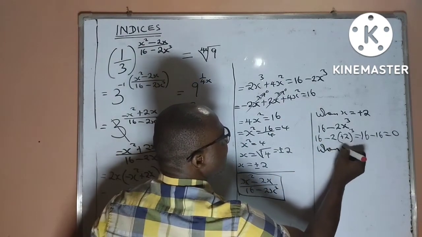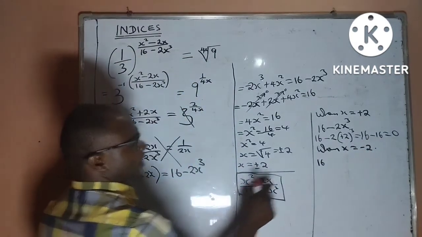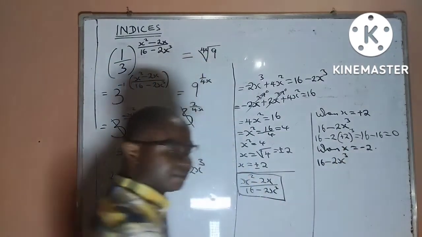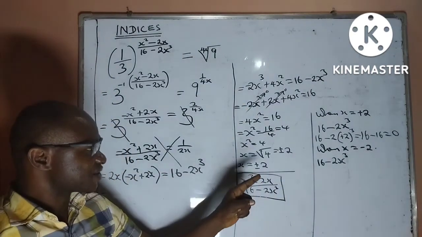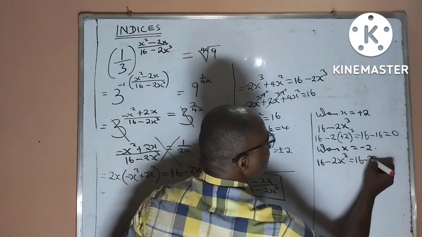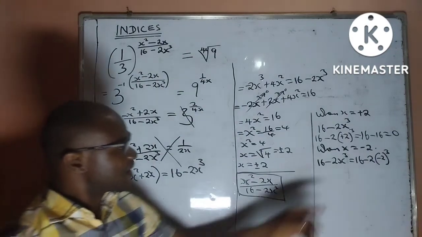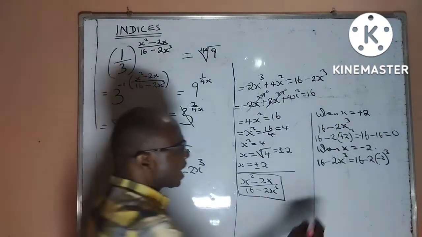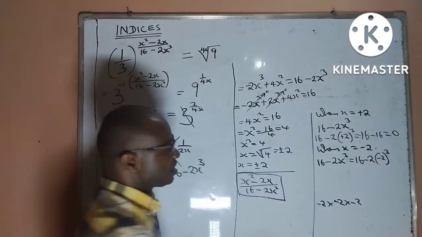When x is equal to negative 2, I have in the denominator the expression 16 minus 2x raised to the power 3. Therefore, I want to replace x with negative 2, meaning that I will now have 16 minus 2 into negative 2 raised to the power 3. See with me that minus 2 raised to the power 3 will give me negative 8. How? Minus 2 times minus 2 times minus 2, that is raised to the power 3.